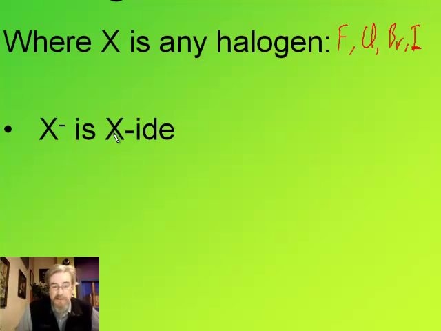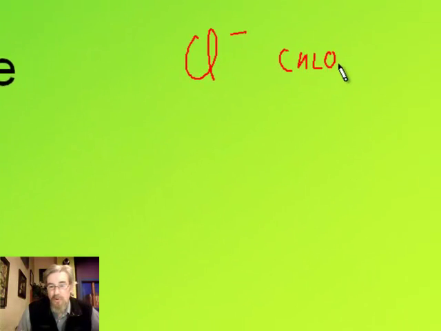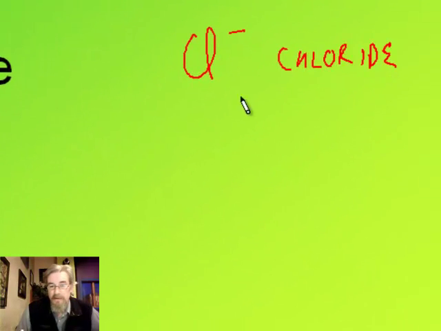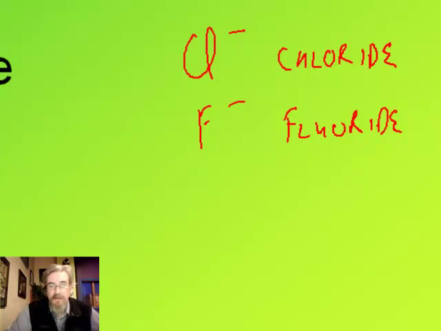X minus is that halogen ending in ide. Well, this is just a monatomic ion. So for example, Cl1 minus is chloride. F1 minus would be fluoride. So you just substitute for X the word part that begins the halogen.